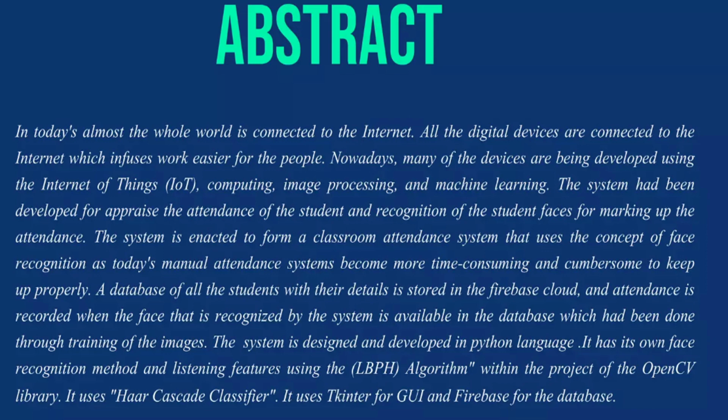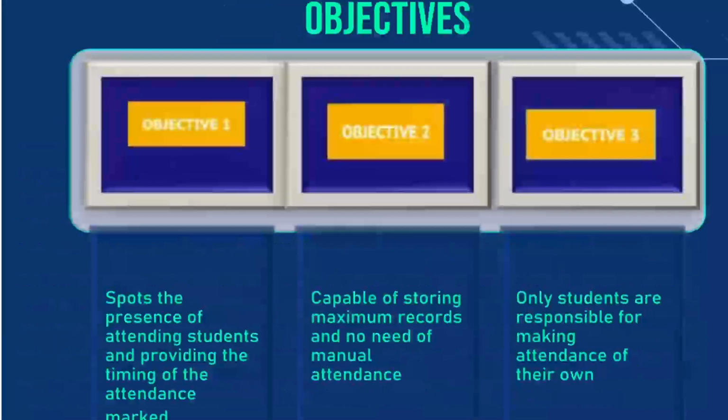Next, when we are speaking about the objectives, there are mainly three objectives, which are very important. It spots the presence of the attendance and provides the timing of the attendance mark.